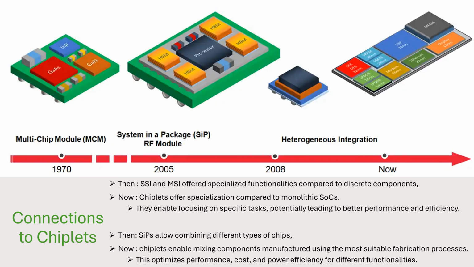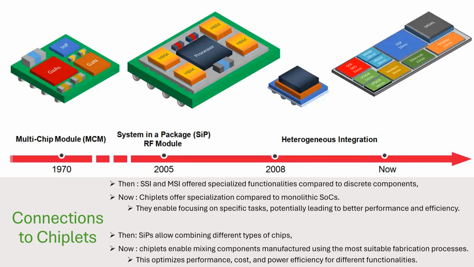Chiplets enable mixing components manufactured using the most suitable fabrication process. Most suitable can be different technology nodes, say 90 and 12 nanometer, or different foundries, for example TSMC or GlobalFoundries, and it could be MEMS also.